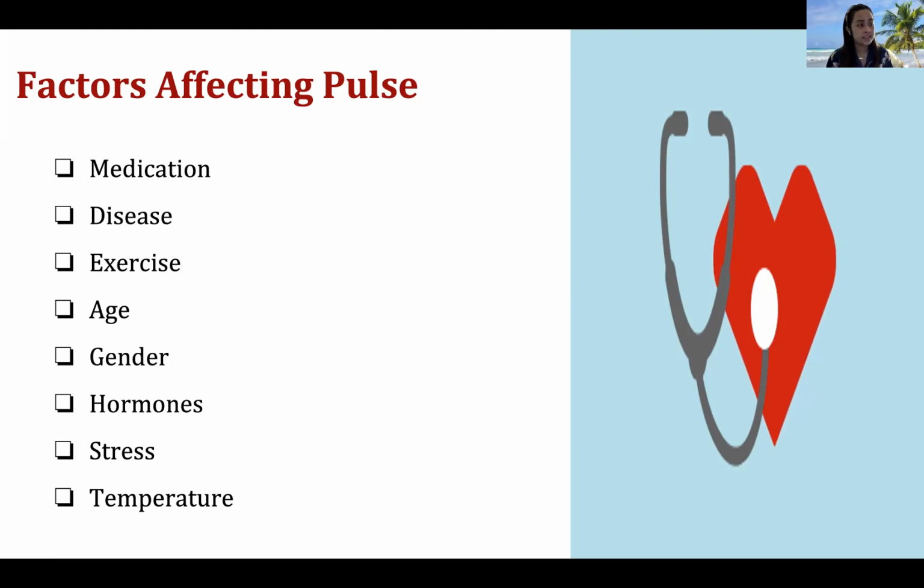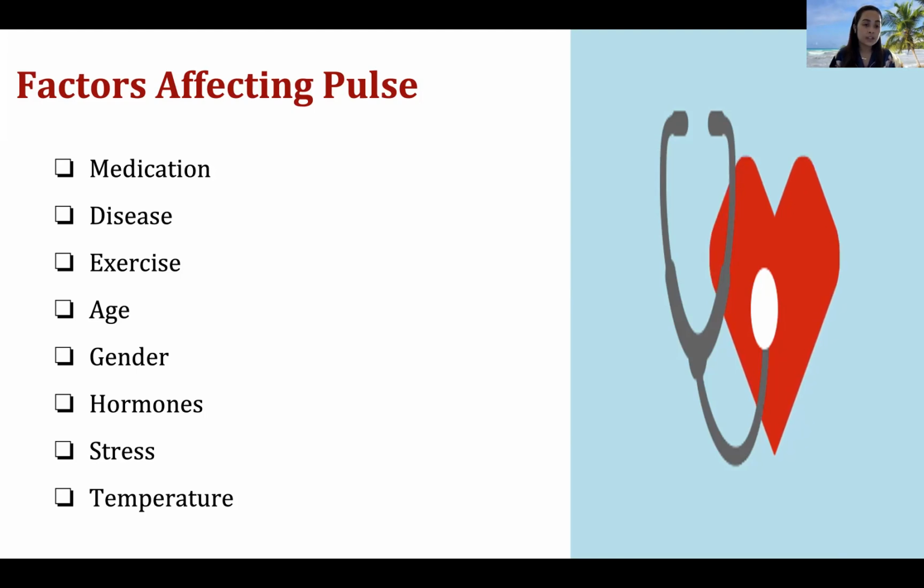Next is disease. There are many diseases that can increase or decrease your pulse. For example, if you have fever, you will notice that the pulse will increase. This is a defense mechanism of our body, as with any infection. Exercise: if you're exerting physical effort, your heart rate or pulse rate will increase.